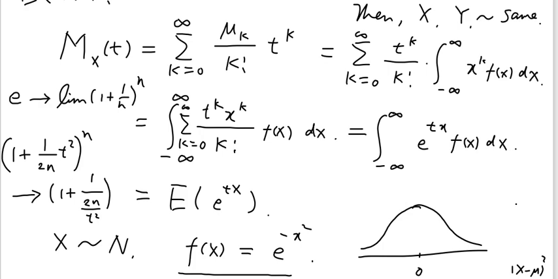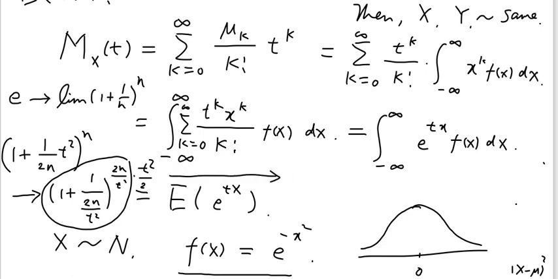This is 2n over t squared, to the n's power, so we get t squared over 2. This part goes to e, and then the whole thing goes to e to the t squared over 2.